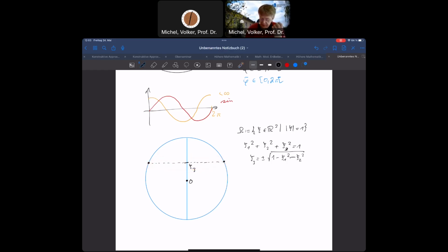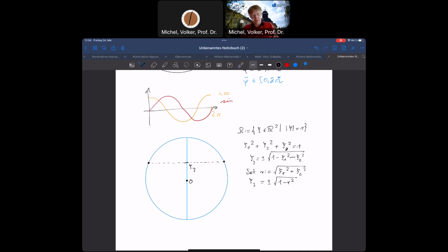So we can say that r is the square root of xi1 squared plus xi2 squared, if you wish. So in that sense, xi3 would be simply plus or minus the square root of 1 minus r squared.